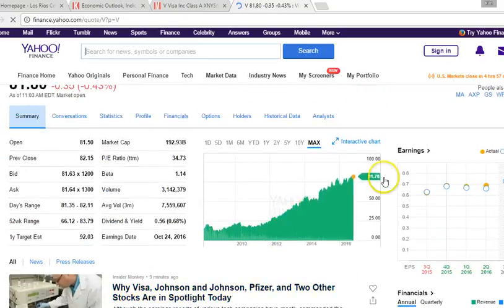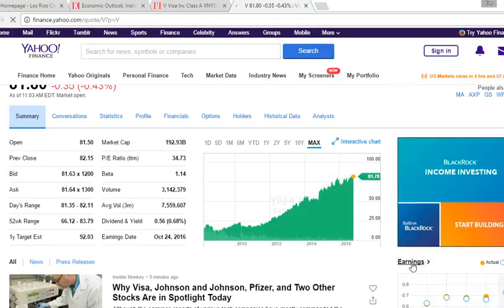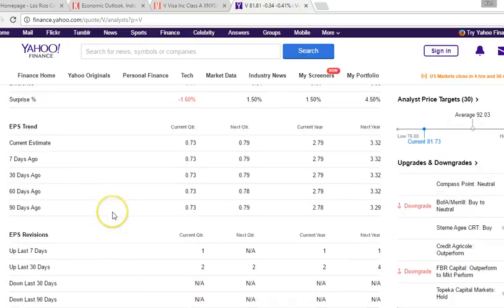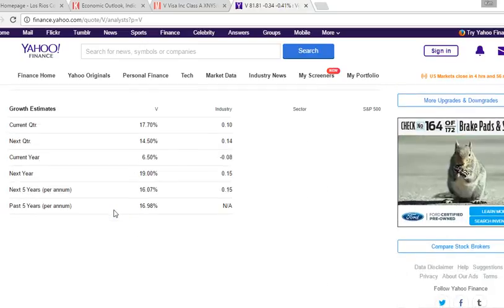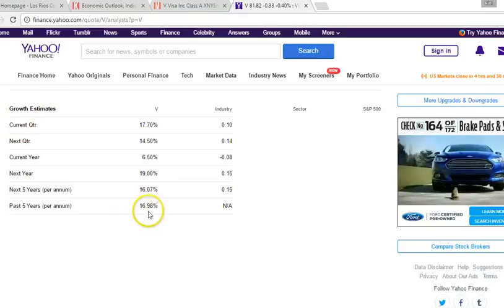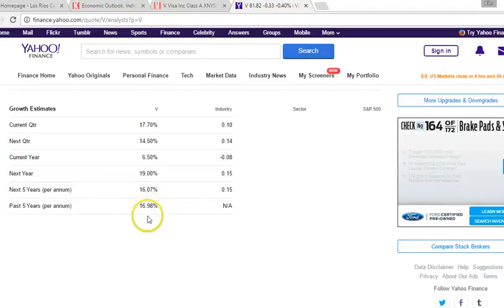I'm going to go to this earnings tab right next to the chart. And then I want to look down here in the earnings history. Growth estimates, past 5 years. This has been the growth rate for Visa over the last five years. And this is a projected, but I'm going to use what's been done, historical information.